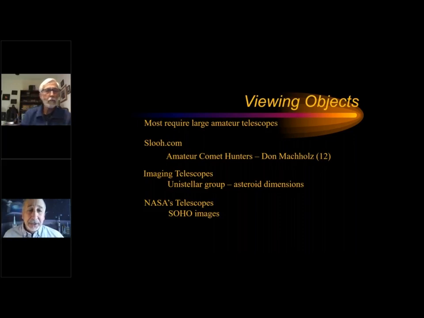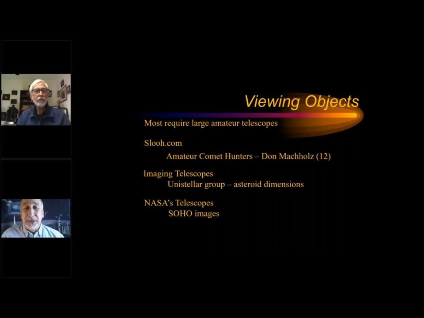By the way, Spence, I mentioned Don Macholtz. I just attended a star party yesterday that he hosted there on Slew, and he talked a bit about his process. It took him 3 years to discover his first comet. That's how dedicated he was.